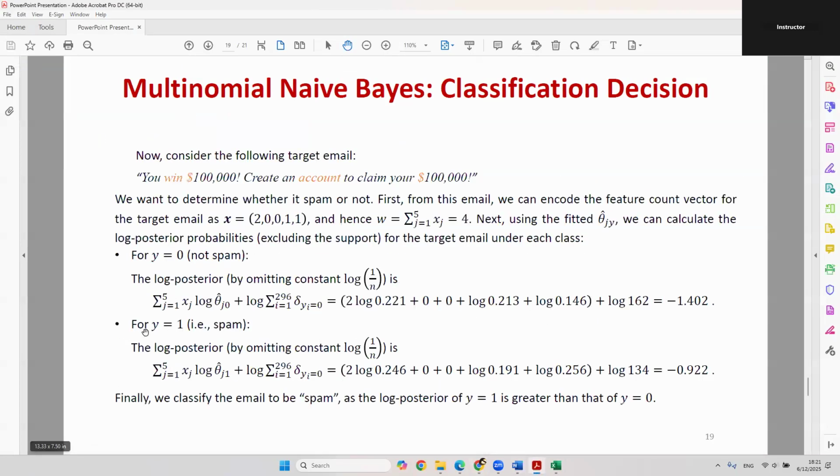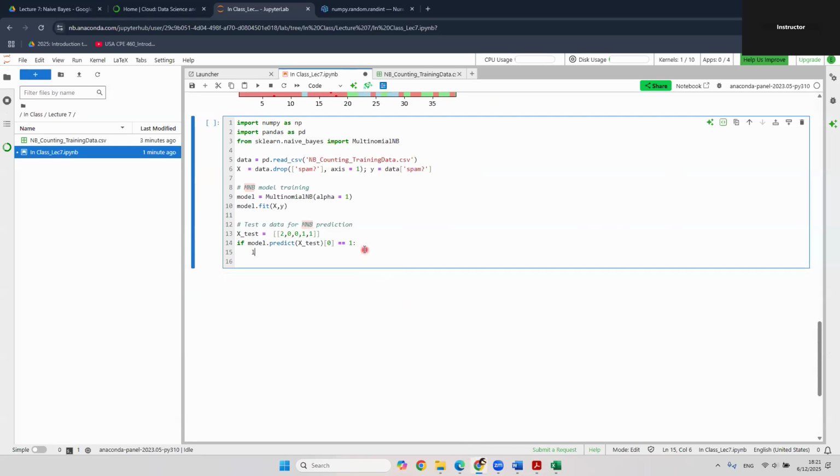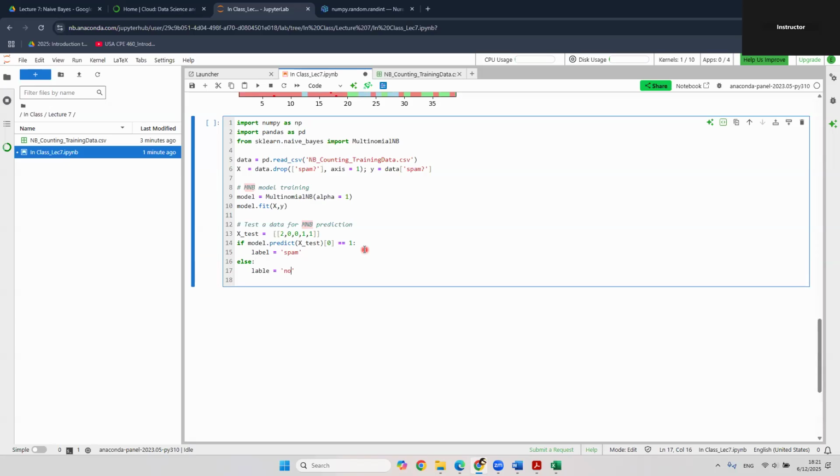Let me see. Yeah, one means spam here, zero means not spam. So if it is one, then the label is spam, else the label is not spam. So now finally I can print the test email as label.